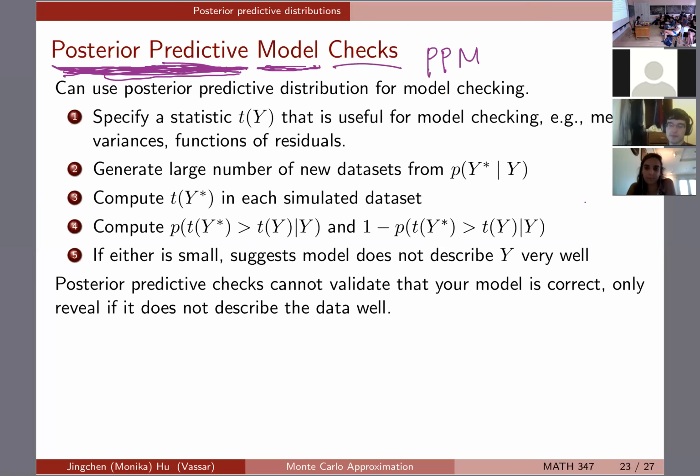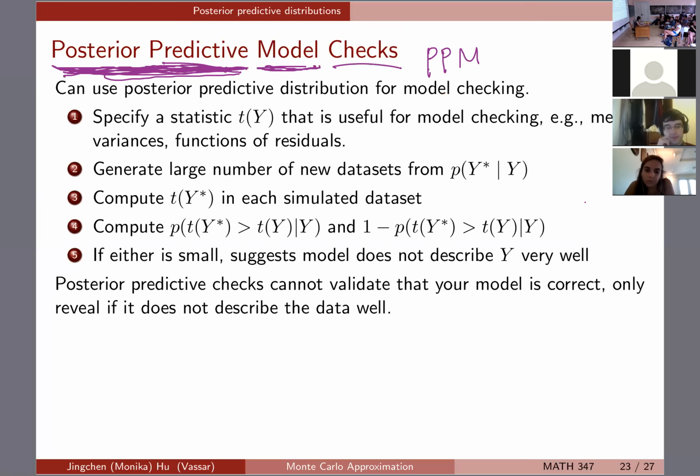Because the new data that you generate is based on the model that you estimate. So once you can generate a lot of new data points and compare them to what you have seen, if they're very different from each other, that might tell you that maybe the model is not right. Maybe the model itself is not good, or maybe the prior that you put is not good.